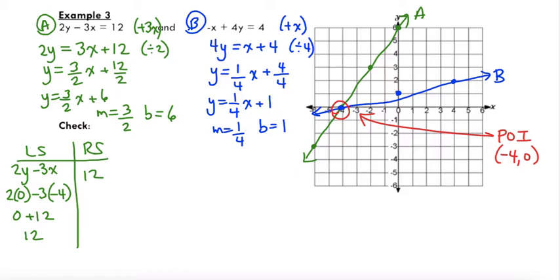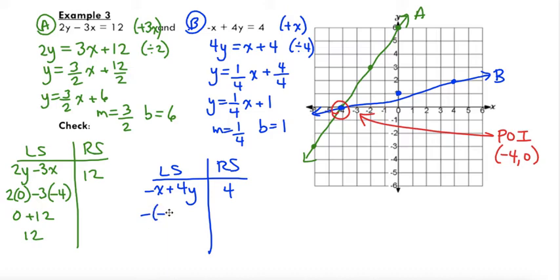Now I need to do the same thing for my second equation. The left side of my equation is -x plus 4y. And the right side of my equation is 4. Again, I'm substituting in the values for x and y from my point of intersection. So I have -x, which is -4, plus 4 times 0.